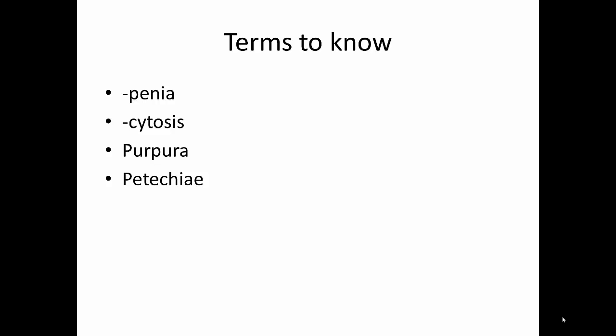So if we have hypochromia, what does that say to you? So if chromia is color and hypo is low, then we have low color. So this is what we call pale cells. Now why might they be pale? What's giving them the color? Well, the iron and the hemoglobin gives them the color.